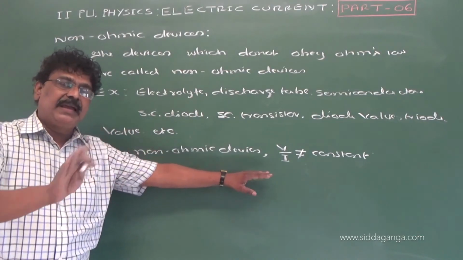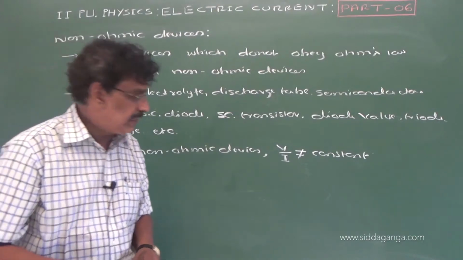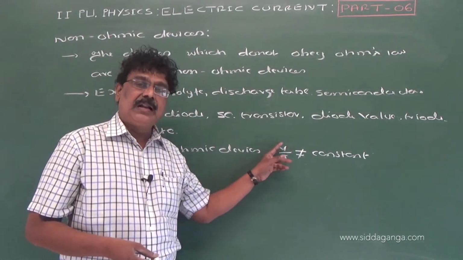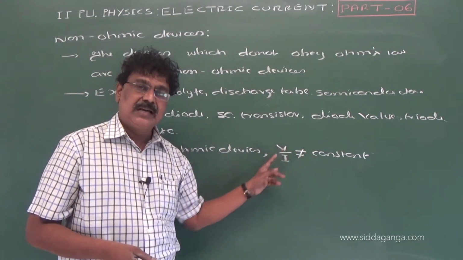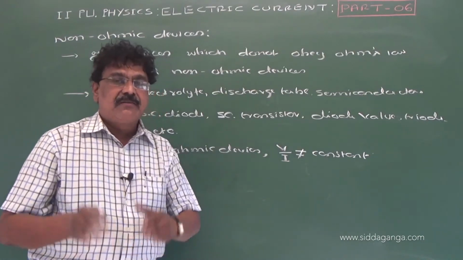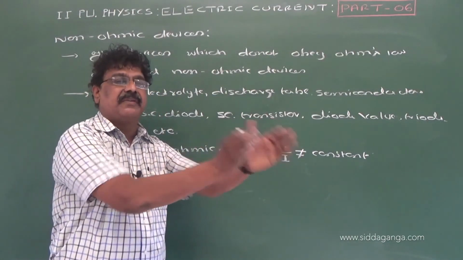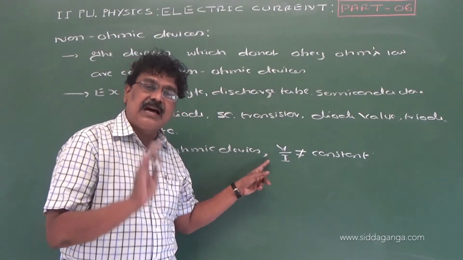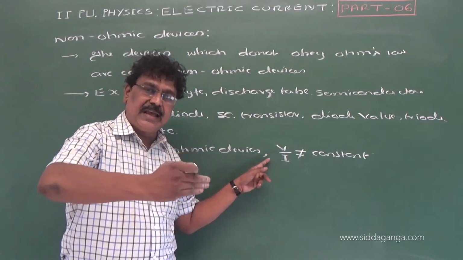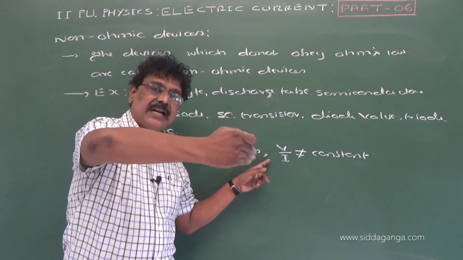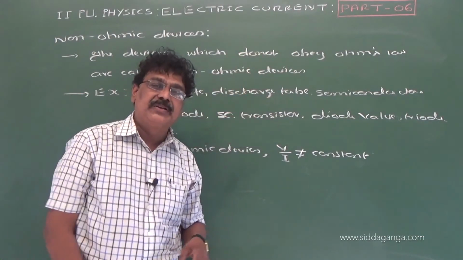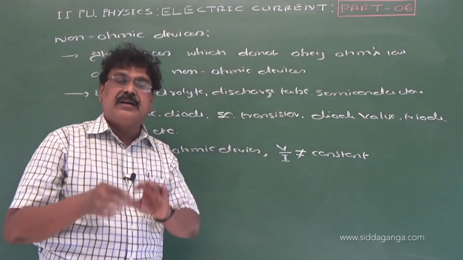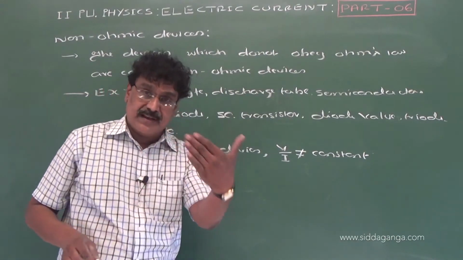When V by I is not equal to constant, and as we go on changing the potential difference, current also changes. For different values of V, corresponding I, V by I is not constant. V by I is different for different potential differences. Therefore, they do not obey Ohm's law.